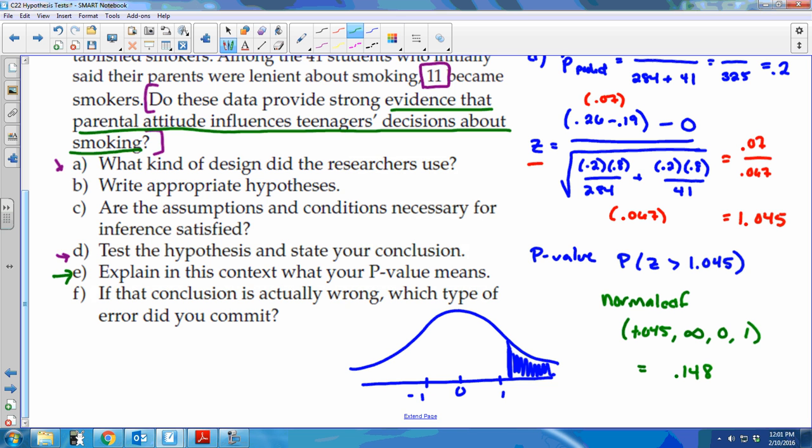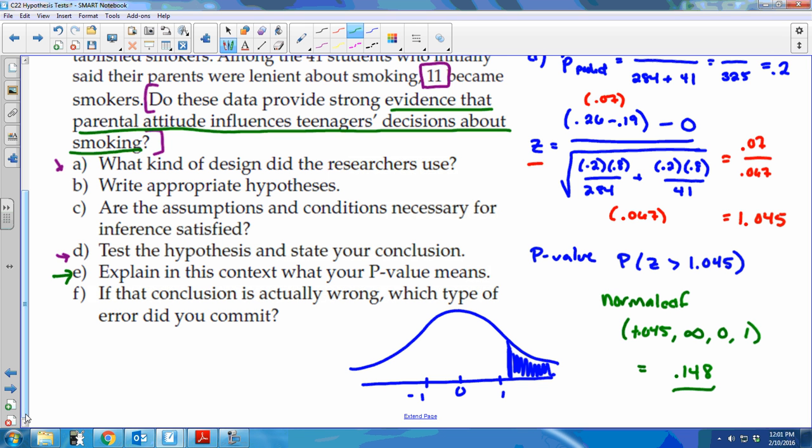Then part E says, what does the p-value mean in context? Which is not what it's asking for in the conclusion. What does this 0.148 mean? Yeah.